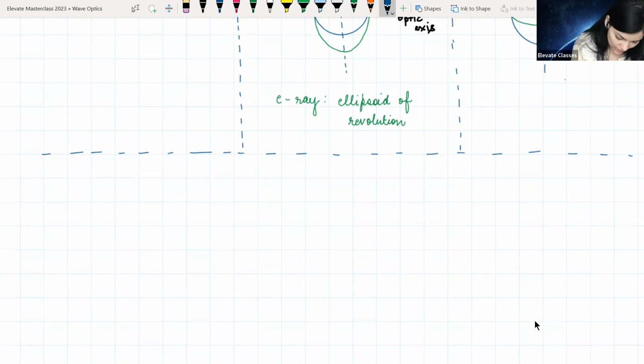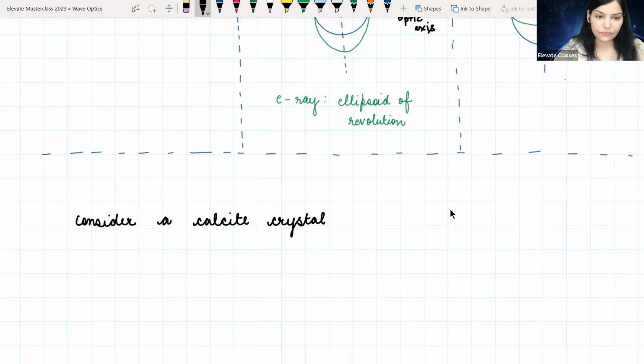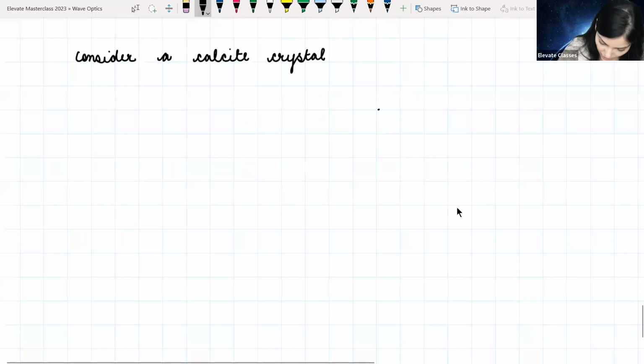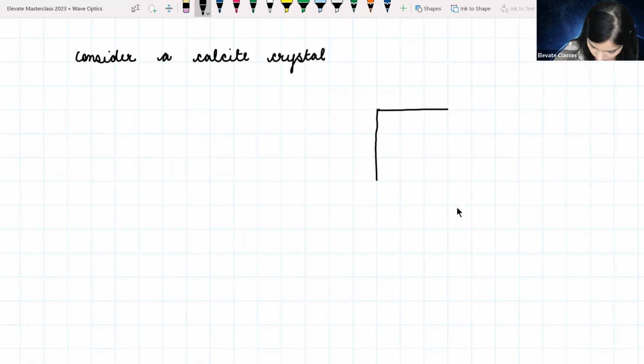So let us consider a calcite crystal. So I'm drawing the plane of incidence for the calcite crystal.